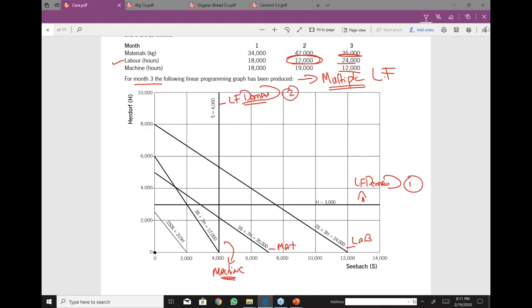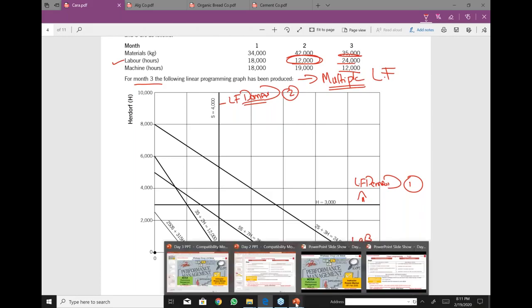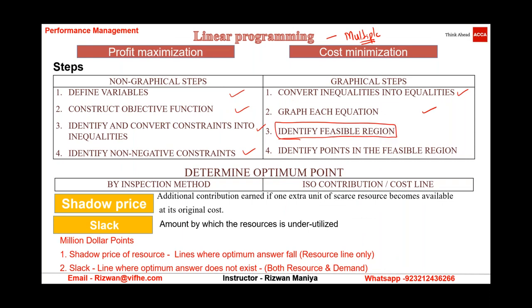Now, if I go to my steps here, the step says that you have defined the variables. All these things have been done already. Now, this is something that we need to do here: identify the feasible region. The feasible region depends on the inequalities and you need to find out the inequalities.